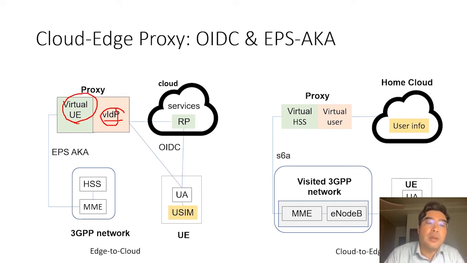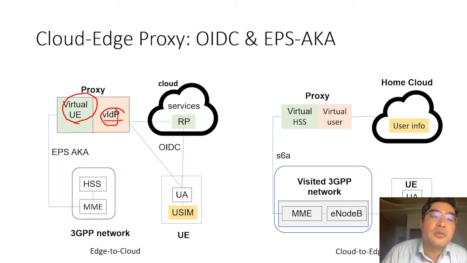I don't have time to talk about their definitions because they are well defined in the 3GPP network. Same here, it's all well defined: identifier provider and RP, and UA. So I'm talking to this, and then this talks to the proxy, the virtual provider. In fact, the cloud provider does not know, and doesn't need to know, it's a proxy.